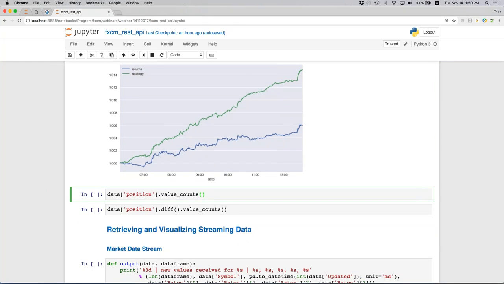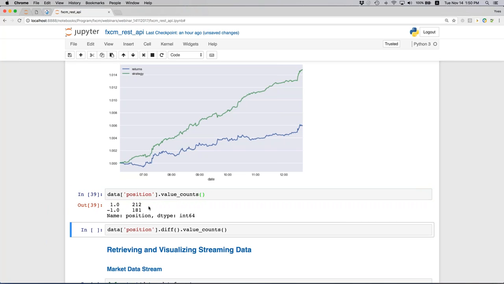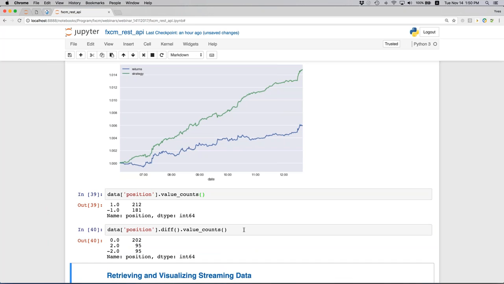I won't do this today because it's a little bit more involved, but when we have a look at the positions, we see that we have some 493 days here that we are considering, and 212 out of these days we are long, and 181 we are short. This is not the big question, but the question is here, how often do we change the position?